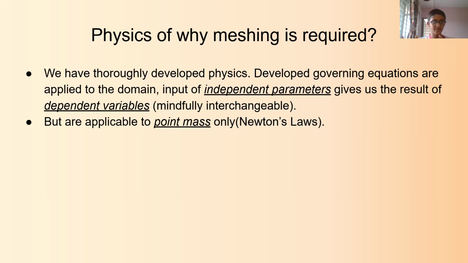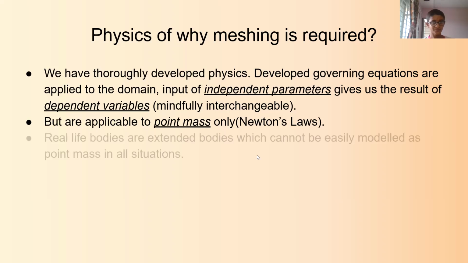If we want to represent that extended body with a point mass, generally we find out the center of mass of the body and say that at the center of mass all the mass of the body is concentrated, and then we assume that the extended body is a point mass. But that's the limitation, that all the governing equations are applicable to only point mass.